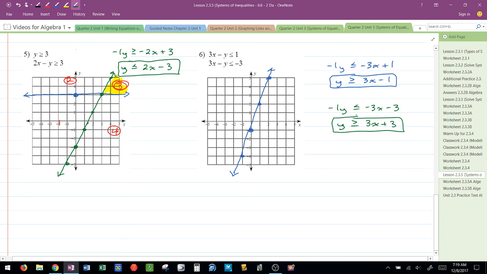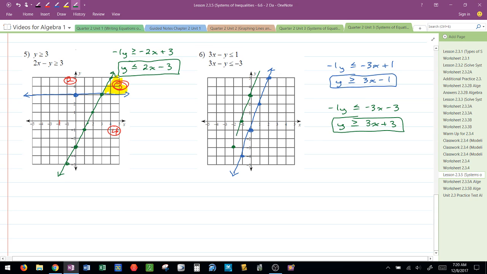This is the inequality that I have to graph. It has a y-intercept at 3. Slope says go up 3 and 1 to the right. Well, if I went up 3 and 1 to the right, I'm off the chart. So I'm going to go down 1, 2, 3, and 1 to the left. And this is a solid line as well.